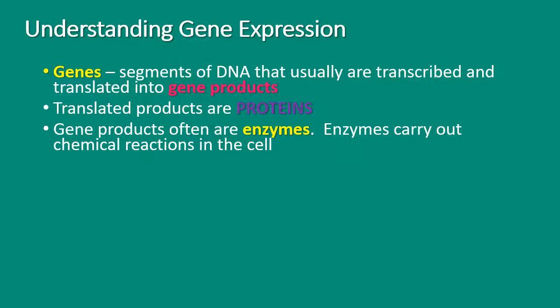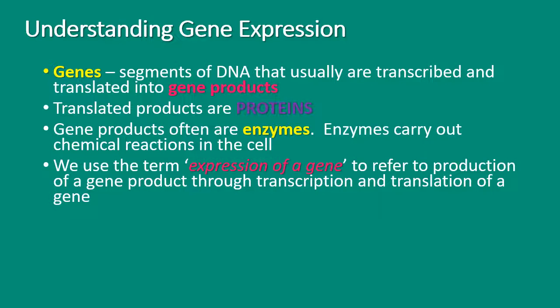Usually those proteins are enzymes, and we know that enzymes are proteins that carry out chemical reactions in the cell. When we say that a gene has been expressed, what we mean is that an RNA copy has been made of that gene, and then that RNA copy has been translated into a protein. So we have produced the gene product of that gene.